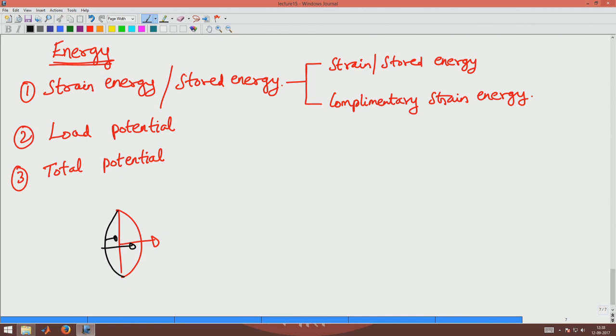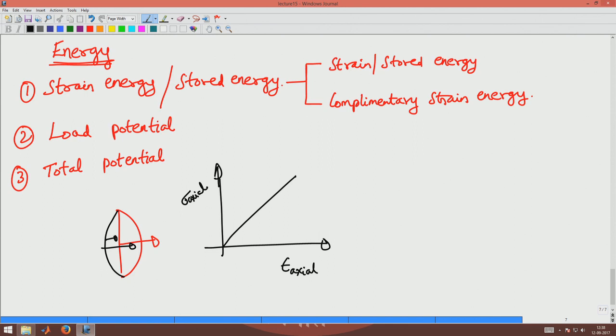Okay. Now, how do you compute strain energy? Let us look at the uniaxial case. To compute the strain energy for the uniaxial case, I have sigma versus epsilon, axial stress versus axial strain. Say I have a straight line like this, which is typical of a material which is linearly elastic.